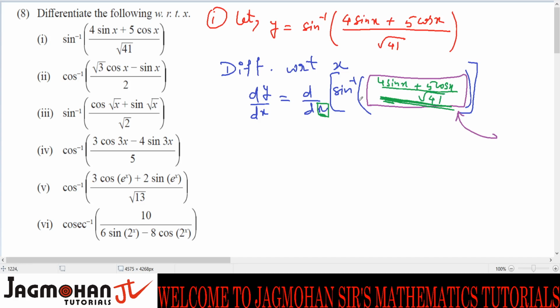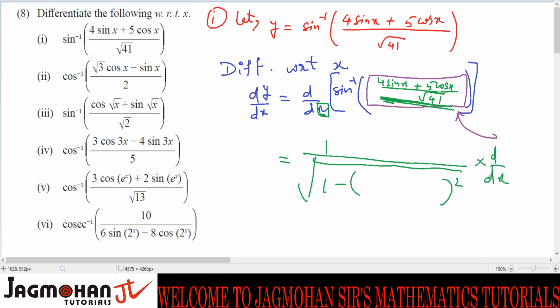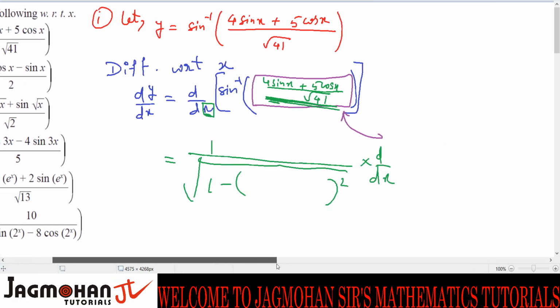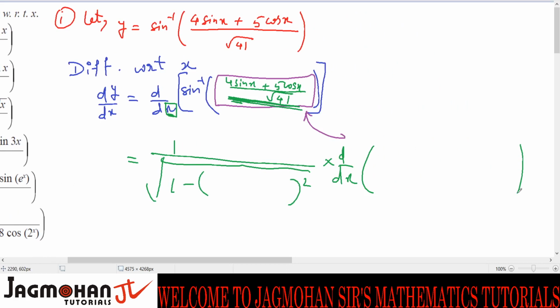So this being d by dx of sine inverse f of x, its derivative will be 1 upon square root of 1 minus this square, into d by dx of this thing.